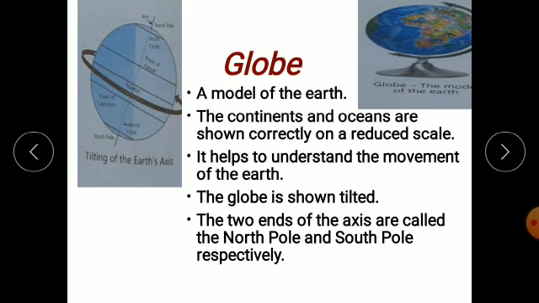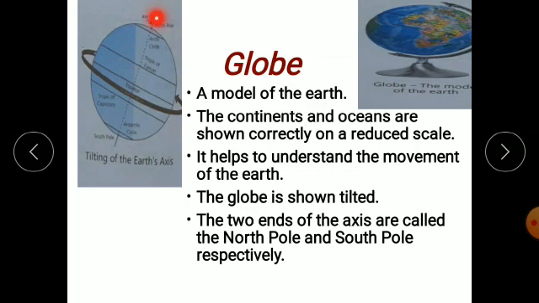The globe is mounted on an axis. This is the axis, you can see, and can spin just like the earth. Since the earth's axis is tilted, the axis and the globe too is shown in the same manner.